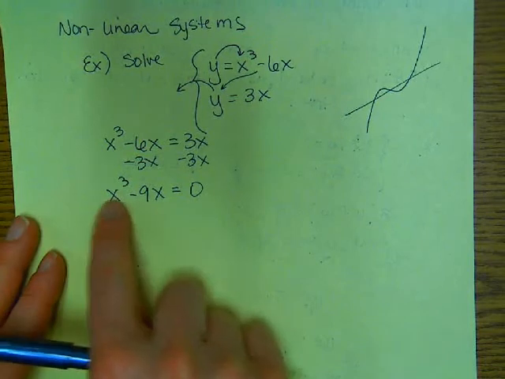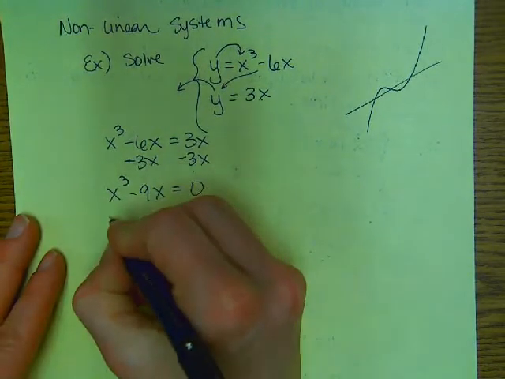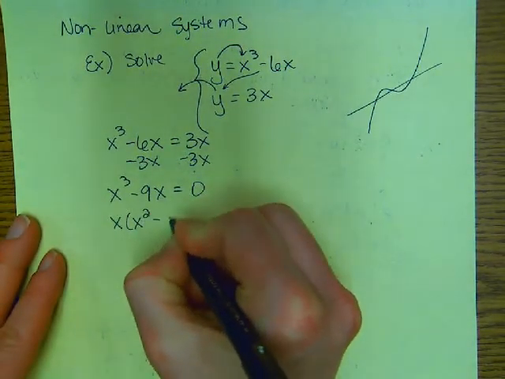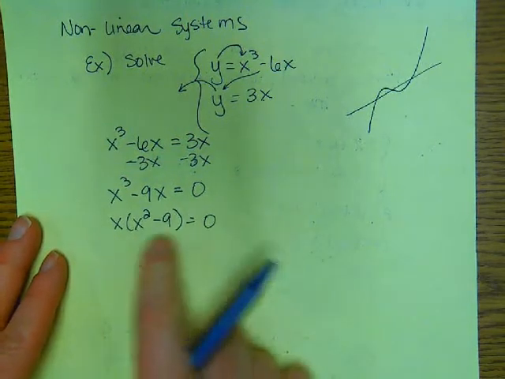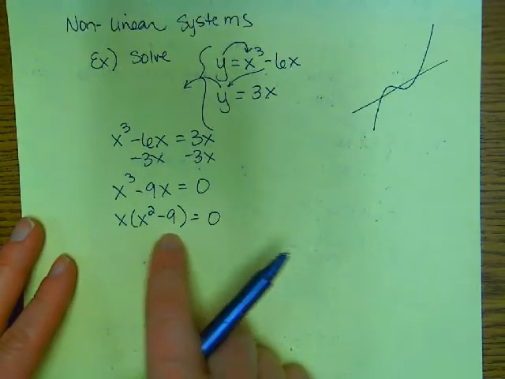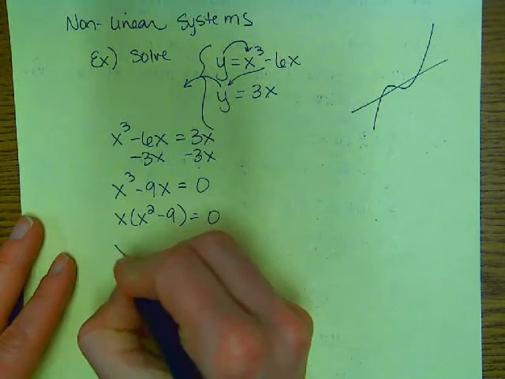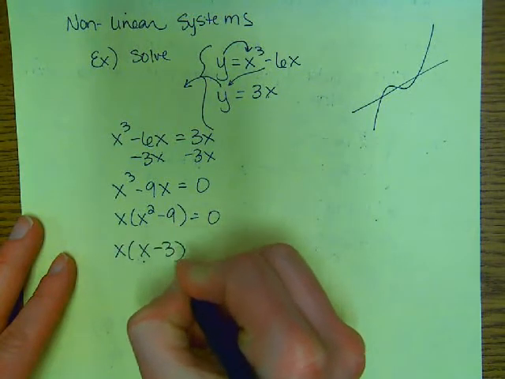And then I'm going to take out a factor of x. I could set this equal to 0 and solve it, or I could keep factoring since it's a difference of squares.